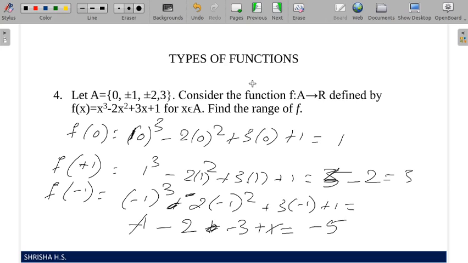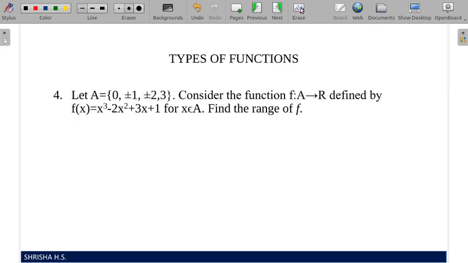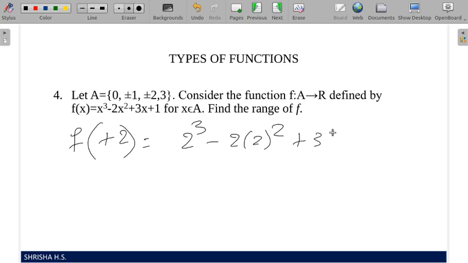Okay, so next one we'll continue. F of plus 2. Okay, so 2 cube minus 2 into 2 square plus 3 into 2 plus 1. What do we get? F of plus 2 is 7.